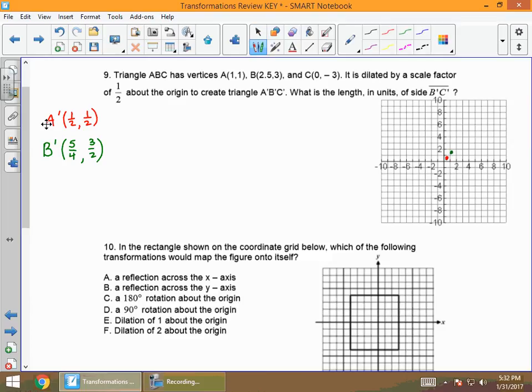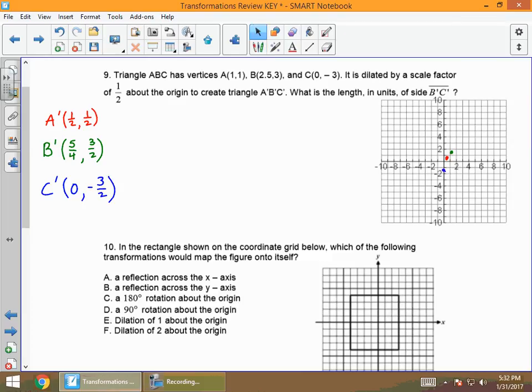And then point C, half of 0 is 0, half of -3 is -1 1/2. So 0, -1 1/2. That is down in there.